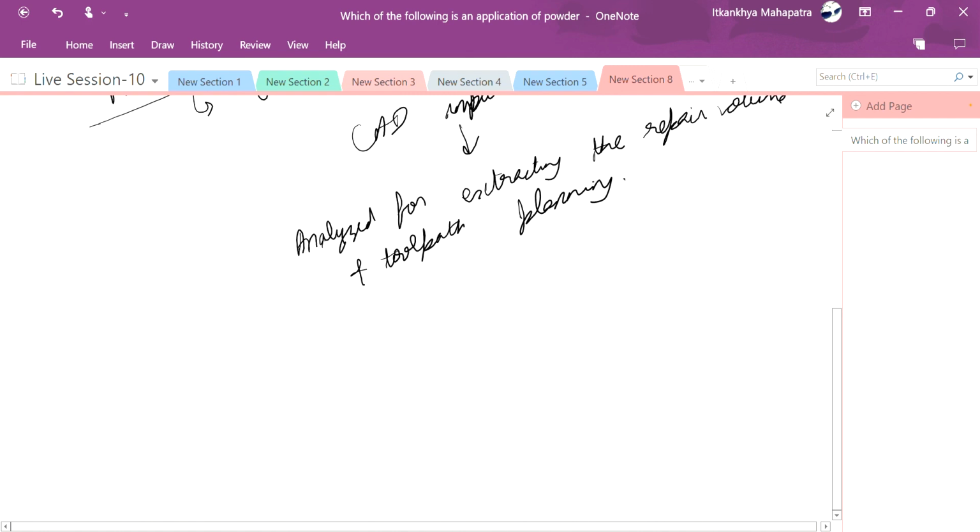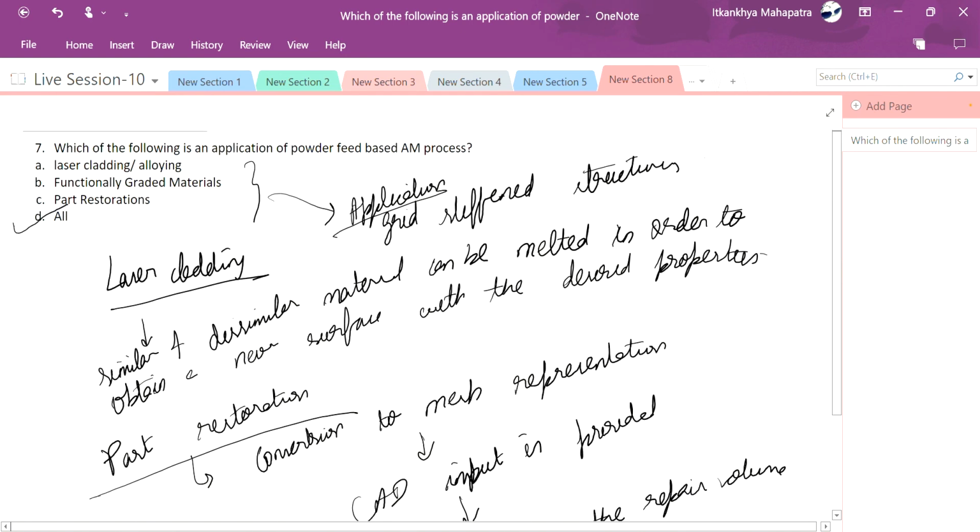It is usually done to absorb vibration and provide high stiffness for other members and machine components. This process is usually attempted by 3D printing processes. So these were the questions.